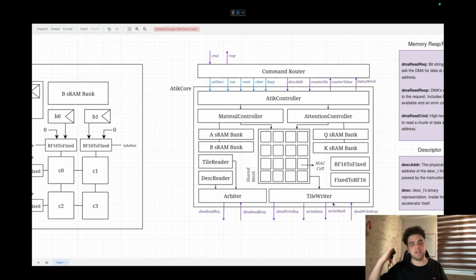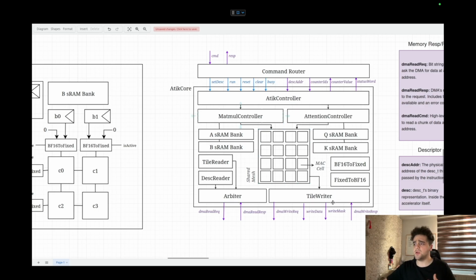So after we have gained a rough idea of how we are going to solve this Matmul problem algorithmically, we can implement this algorithm onto the hardware and make sure that the Matmul functions correctly. You can see that MatmulController will access the mesh, and it will retrieve data from A and B SRAMs, send control signals to the shared mesh for computation, and then retrieve the results or even accumulate them.